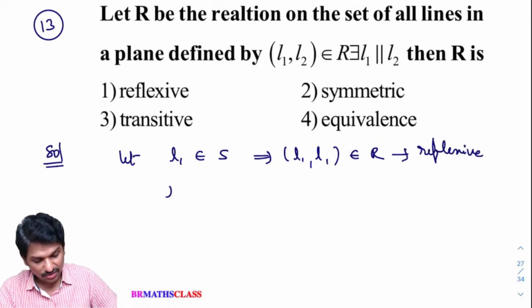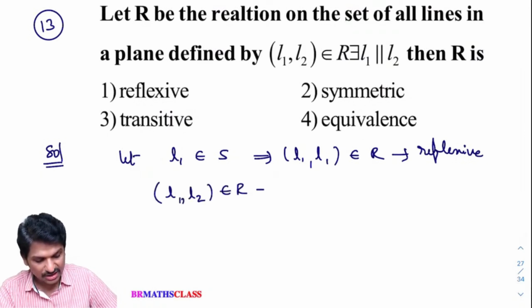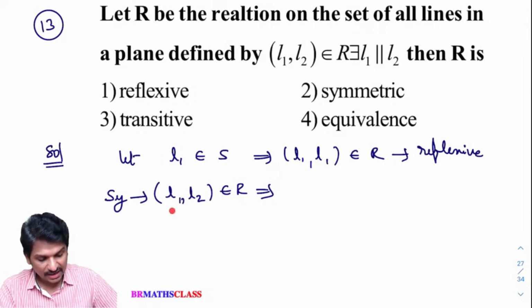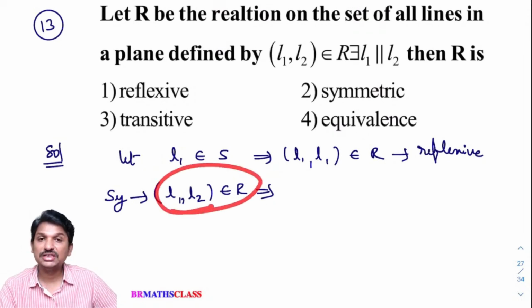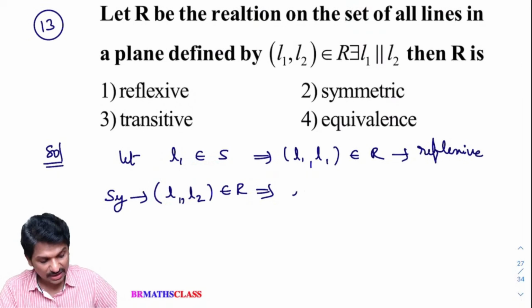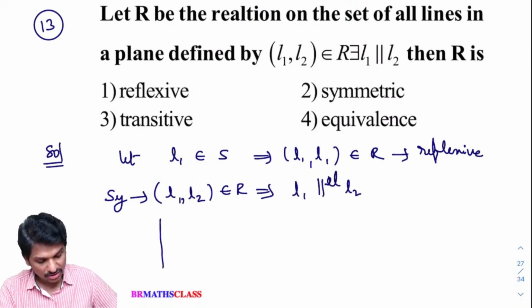Okay. Now I'll take one ordered pair from the relation. (L1, L2) belongs to the relation. This is the symmetric condition I am checking. If (L1, L2) belongs to the relation, that means L1 is parallel to L2. I'll take two lines L1, L2. These two lines are parallel.